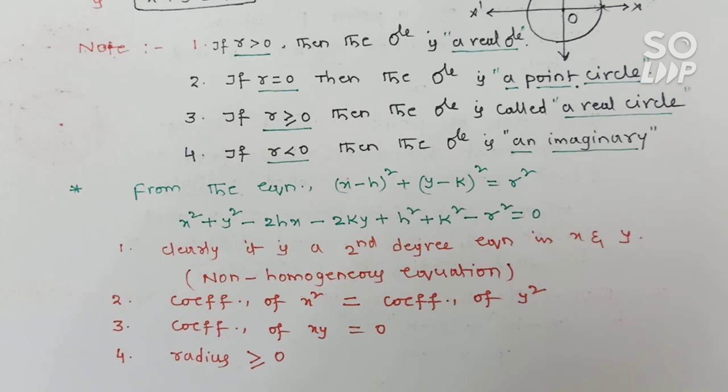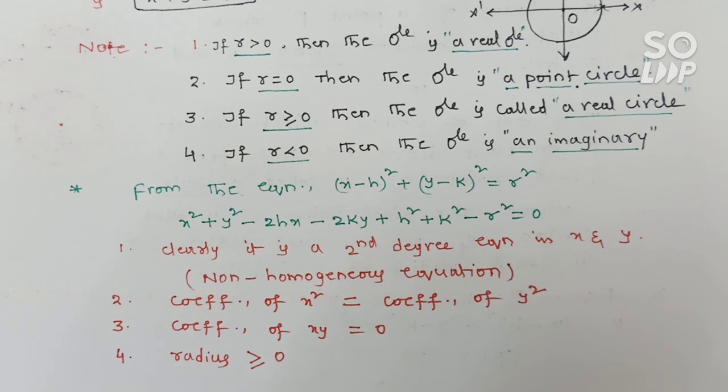In those videos I told very clearly, the second degree non-homogeneous equation is ax square plus 2hxy plus by square plus 2gx plus 2fy plus c is equal to 0. Okay, so that is the second degree non-homogeneous. By using these conditions, we will write, if the equation is in that form, what are the required things.